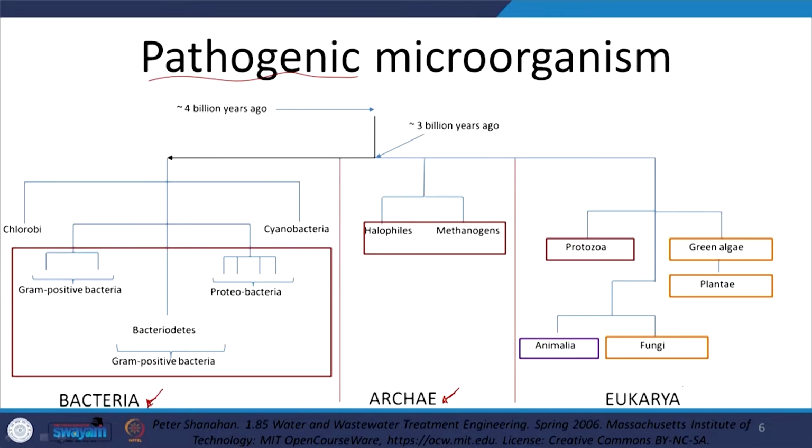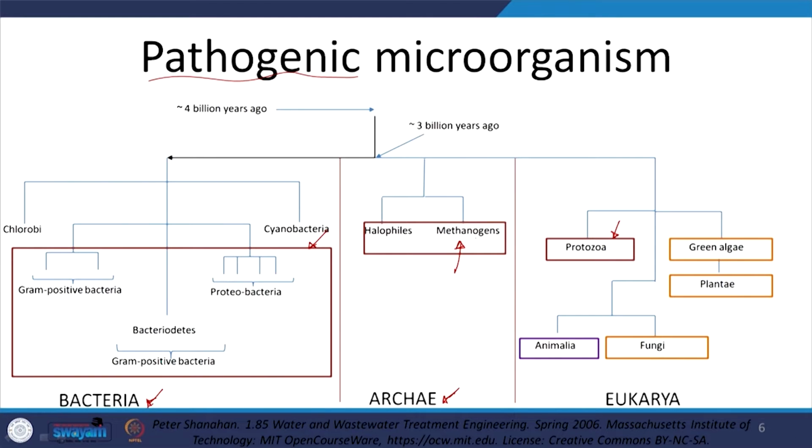And here, what are the typical pathogens? Protozoa, gram positive bacteria, proteobacteria, or these bacteria that we already mentioned out here. And typically in archaea there are no known pathogens, but archaea or microorganisms of interest include methanogens.